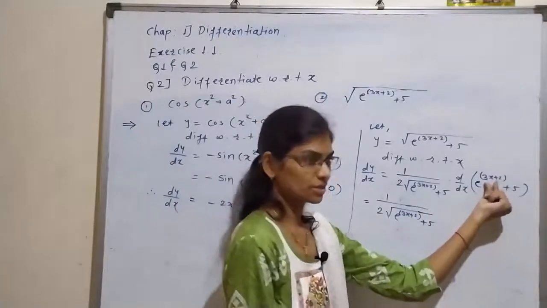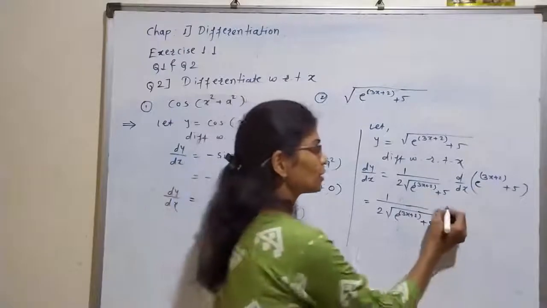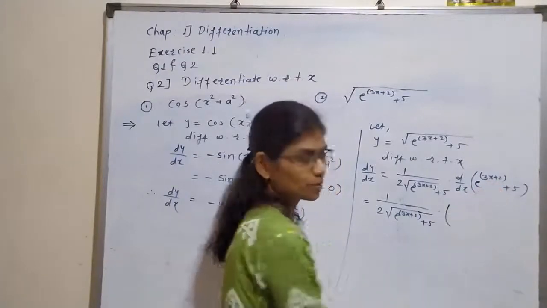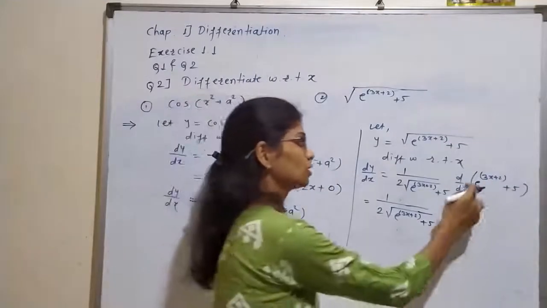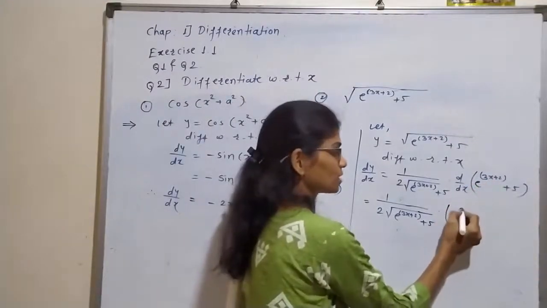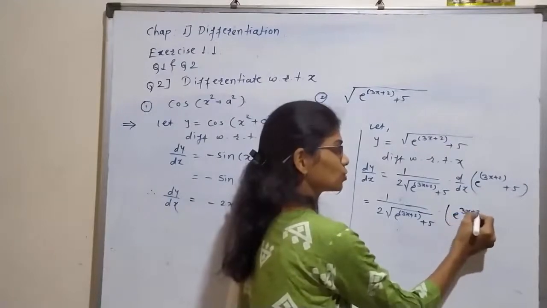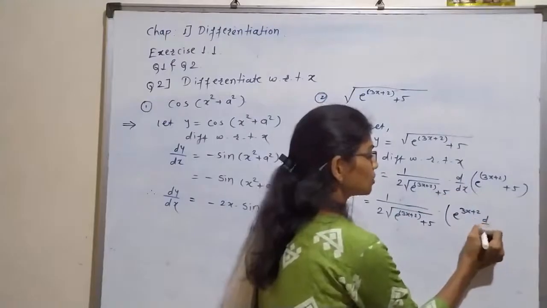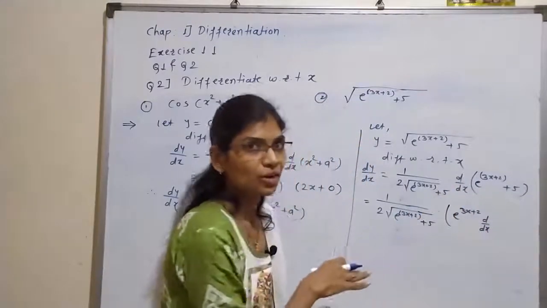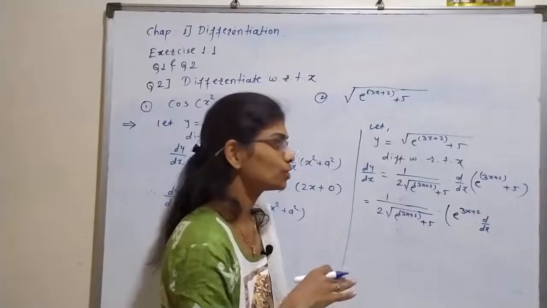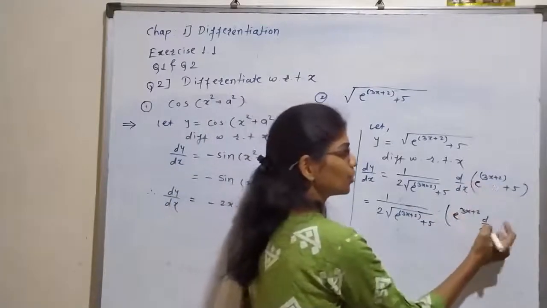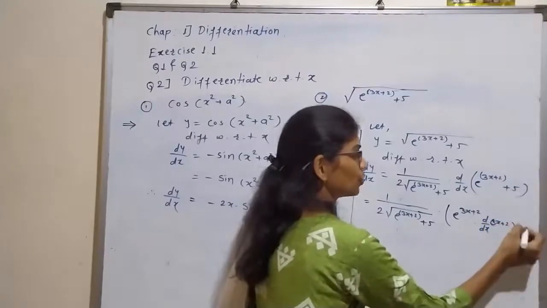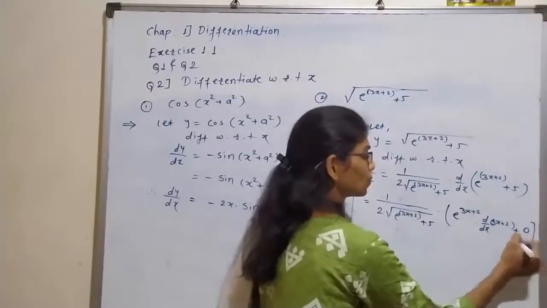The derivative of e raised to x is e raised to x, therefore the derivative of e raised to 3x plus 2 is e raised to 3x plus 2, multiplied by the derivative of that index, which is a function, that is, the derivative of 3x plus 2, plus the derivative of 5 is 0.